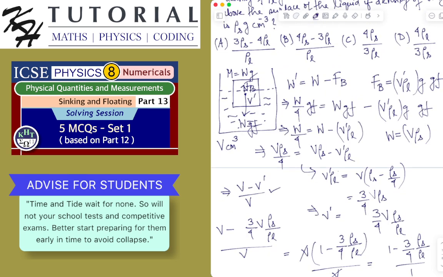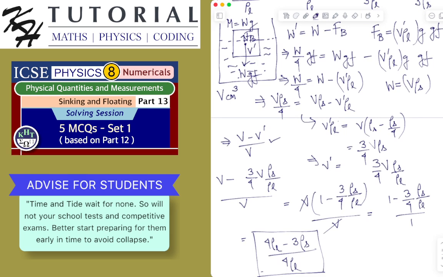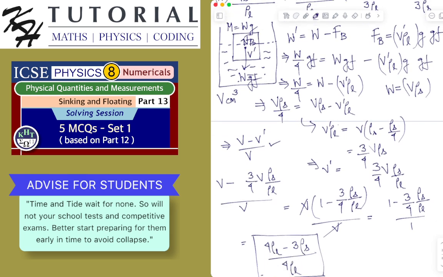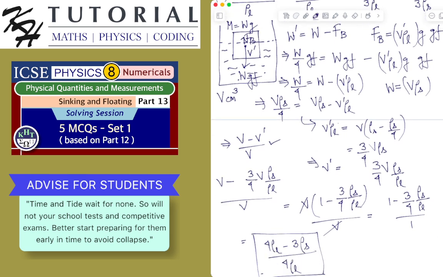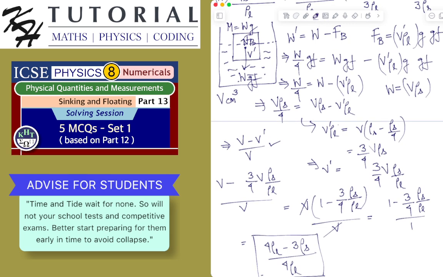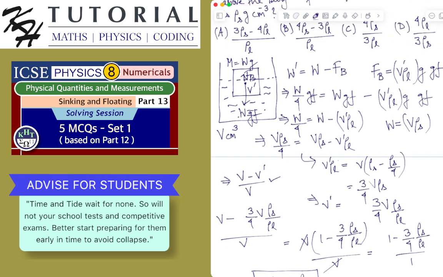So the correct choice is 4 rho L minus 3 rho S.